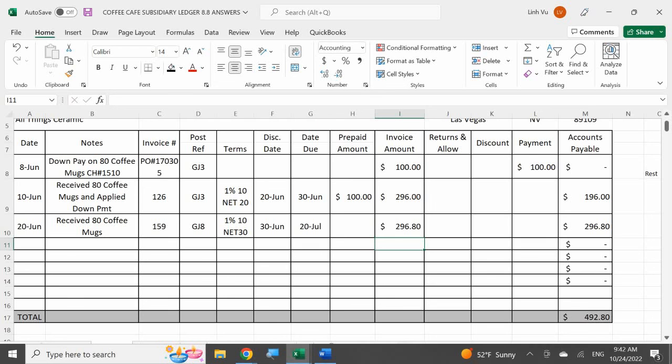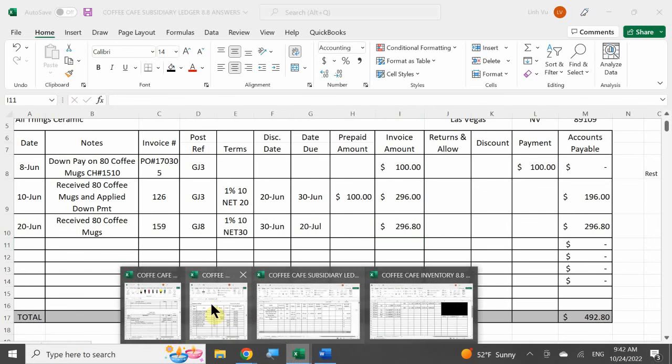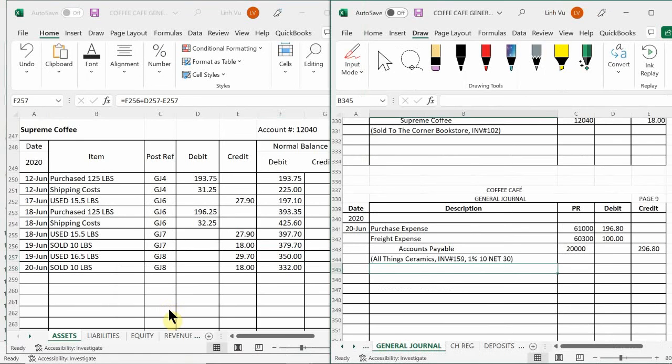Now what? Now that I updated my ledger, I owe more money to All Things Ceramics. Okay, do we go in the accounts payable? Now we can go into the ledger, yes. You want to start off with accounts payable? Yeah. Okay.